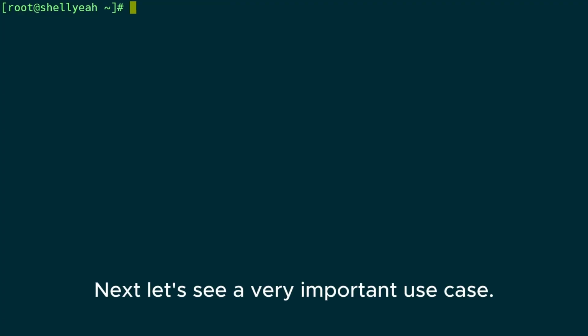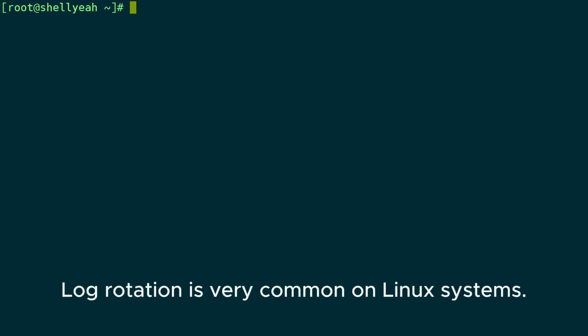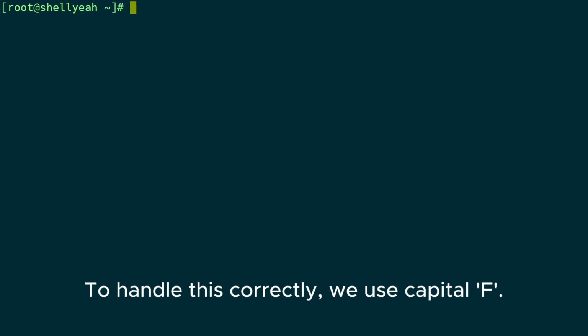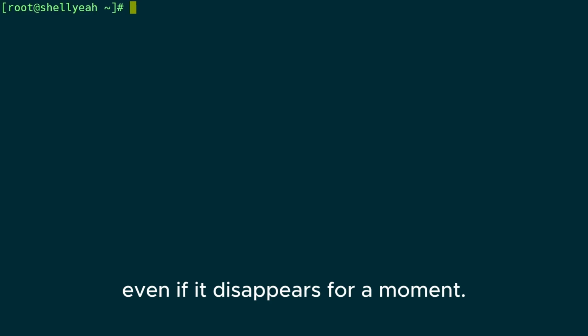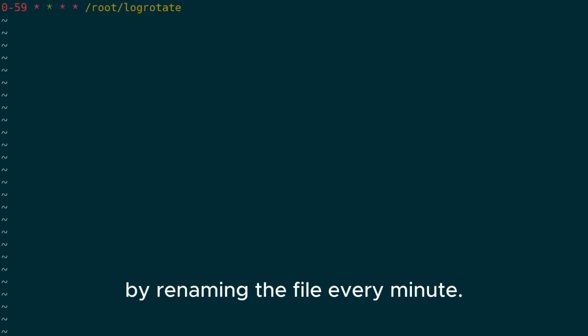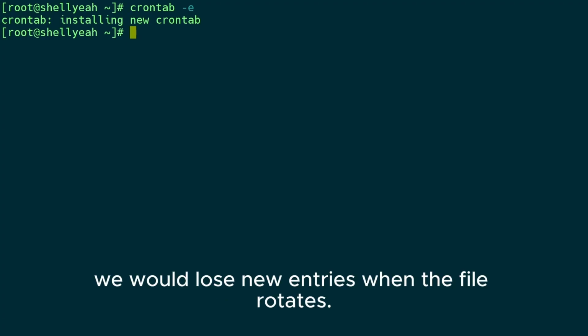Next, let's see a very important use case. Sometimes the file you're monitoring gets rotated or moved. Log rotation is very common on Linux systems. To handle this correctly, we use capital F. This option tells tail to keep retrying the file name even if it disappears for a moment. I've created a cron job that simulates log rotation by renaming the file every minute. Without capital F, we would lose new entries when the file rotates.